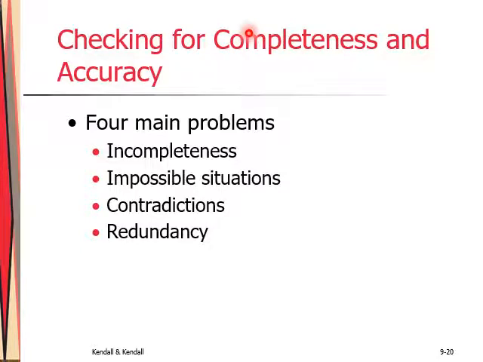The second is the impossible situation. For example, a person cannot earn greater than 50,000 and less than 2,000.